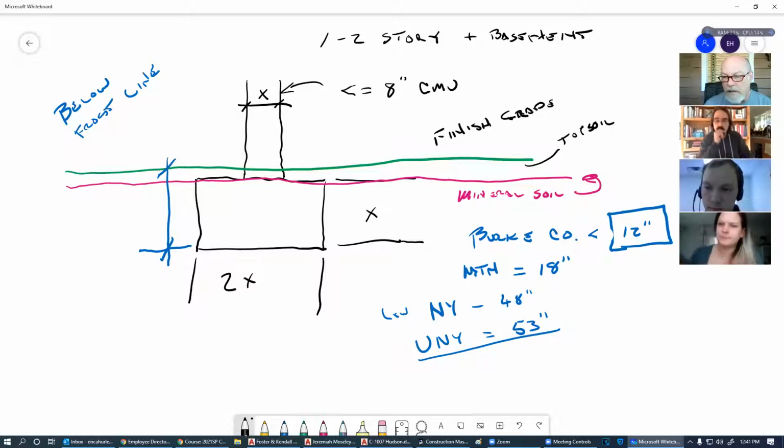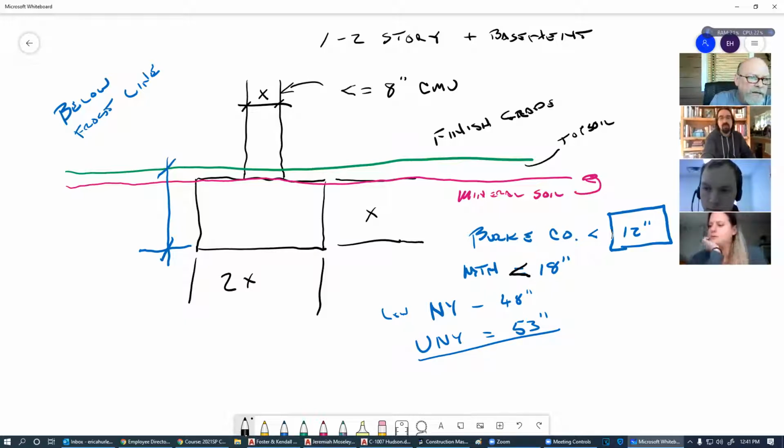They don't want it to be 12 inches and an 1/8 inch. They want to see it a little bit deeper than what it is. And that's why I put in greater than 12 inches. And the mountain counties, again, is also greater than 18 inches. So that we're well below the frost line and we're not going to have to worry about any kind of heaving and mess going on.